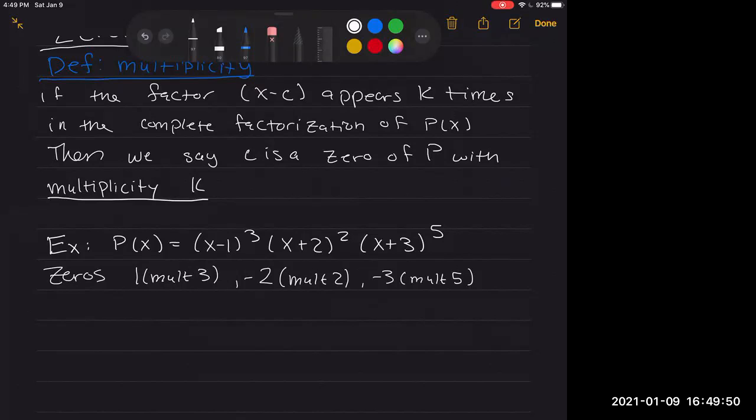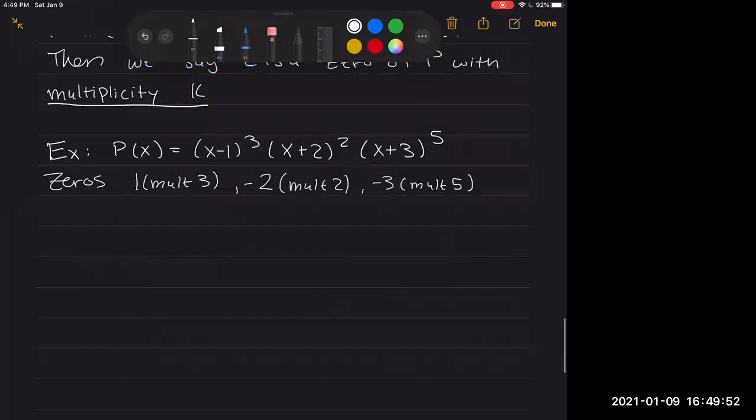All right, and then a good fact to know is every polynomial of degree n greater than or equal to 0 has exactly n zeros, provided that the zeros of multiplicity k are counted k times.